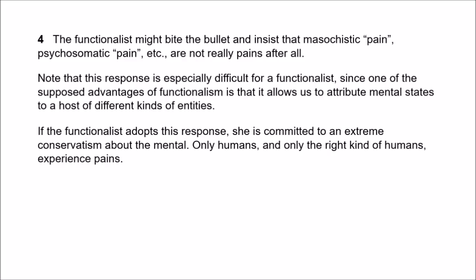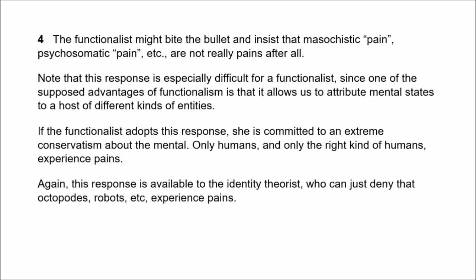It looks like only humans will experience pain, and only the right kinds of humans. And again, of course, this response is available to the identity theorist. The identity theorist can simply say that since octopodes and robots don't share the same brain states as us, they don't experience pain, even though that would be counterintuitive.